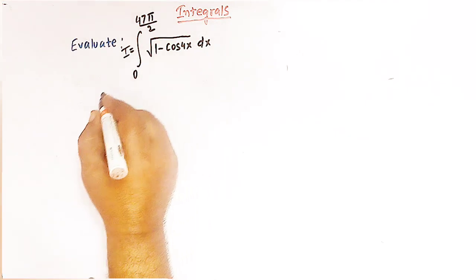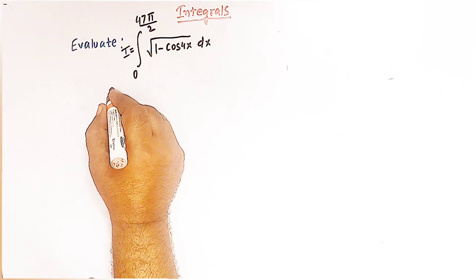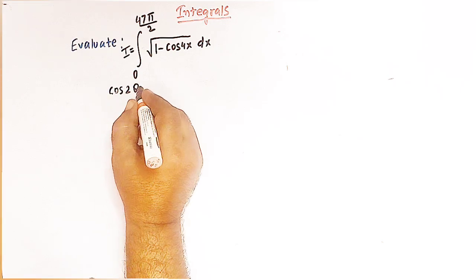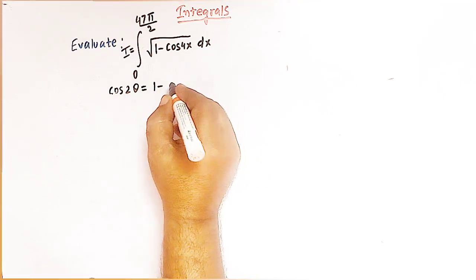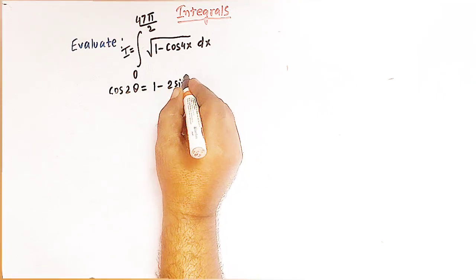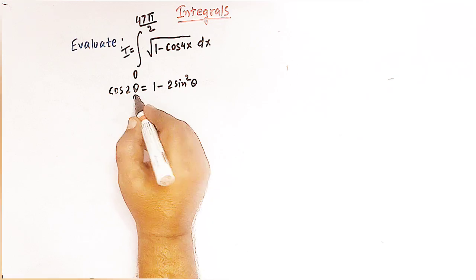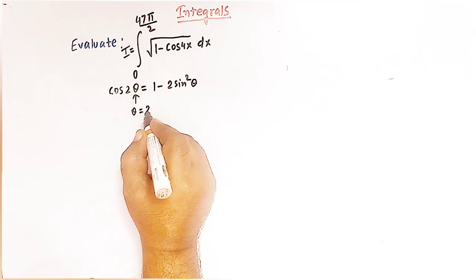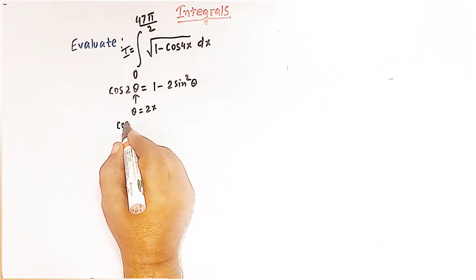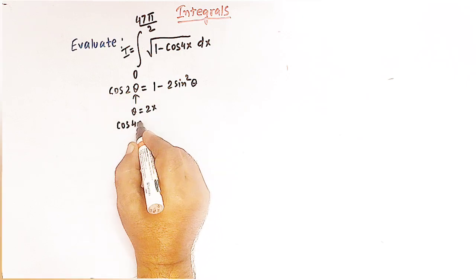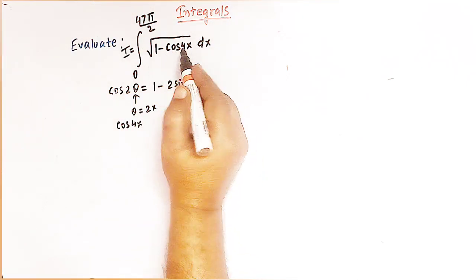Now see, we know this important identity, that is cosine 2 theta is given by 1 minus 2 sine square theta, right? Now see, if we replace this theta by 2x, then we get 2 times 2x, that is cos 4x.